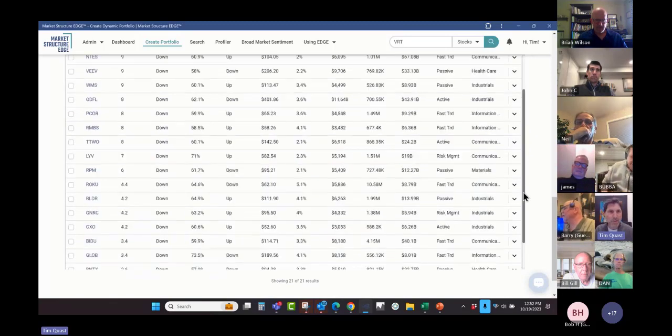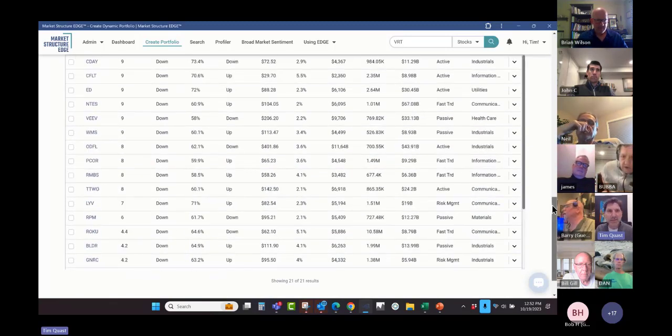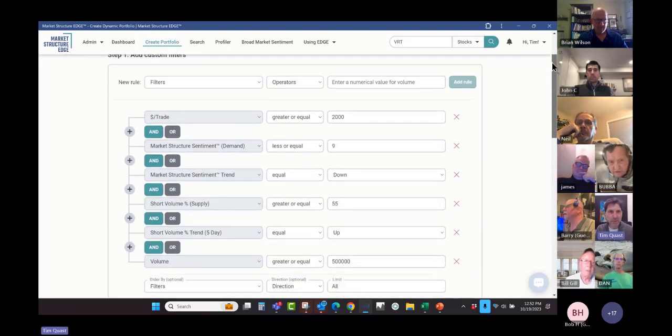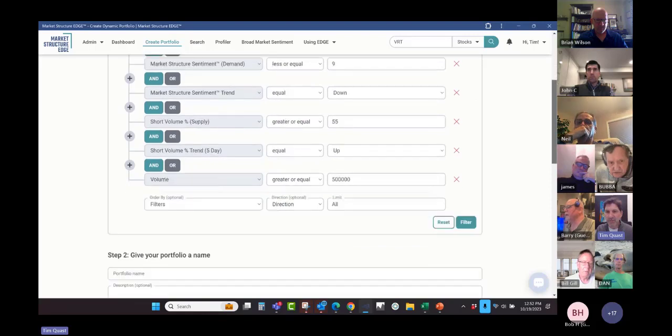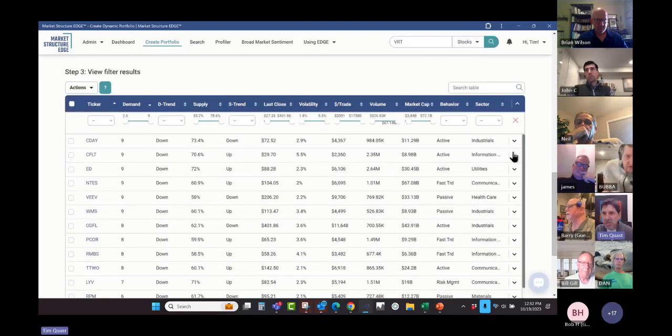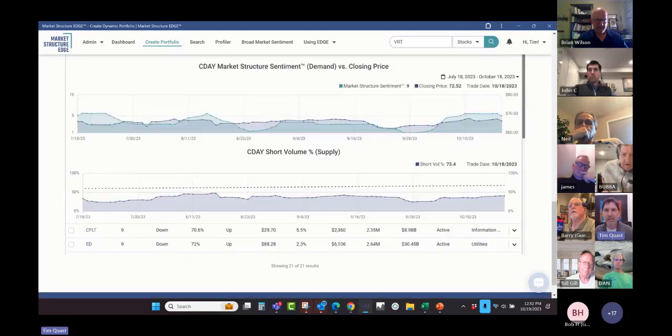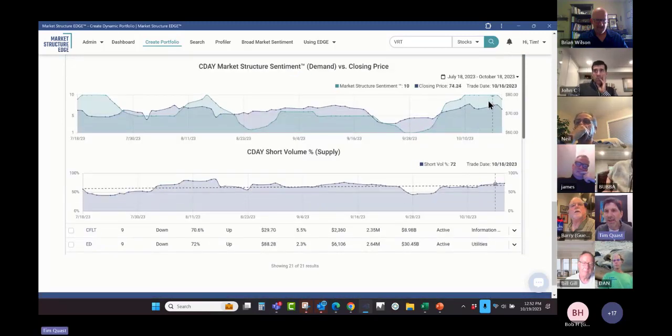That gives us 21. It's just an idea, and if you want to take a snapshot of this, feel free. And then you can just check the data. Do these things have a propensity to decline? Well, we'll find out, but yeah, it's breaking down.